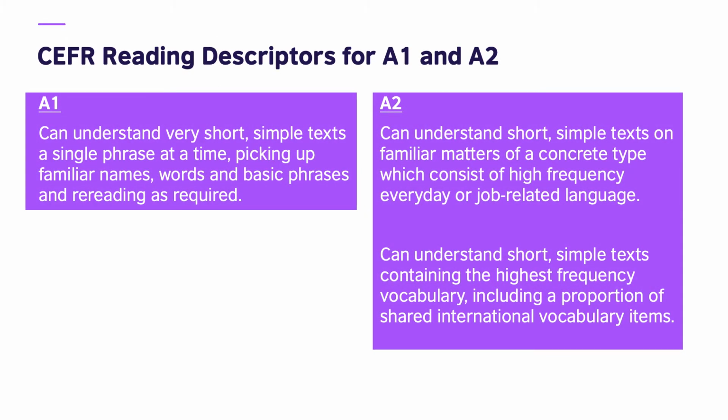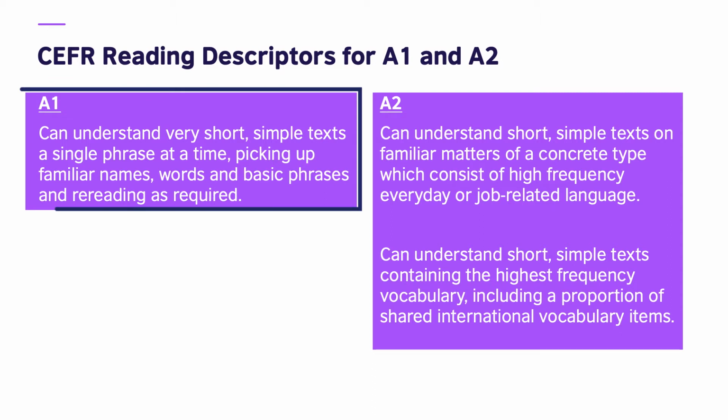On this slide, we can see CEFR descriptors for reading at A1 and A2 level. Although they both fall under the basic user category, there is still progression and evolution in ability across the two levels. An A1 level user is only able to operate at a very local phrase or short sentence level.